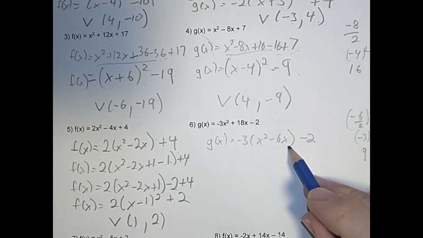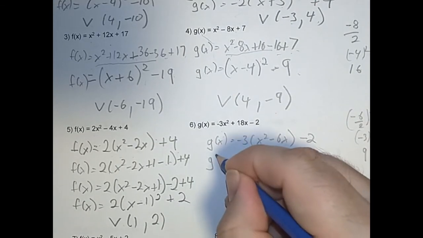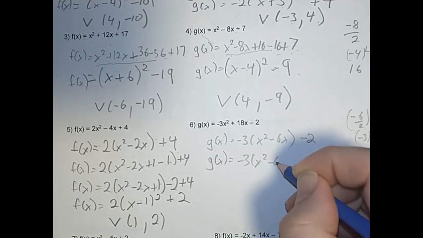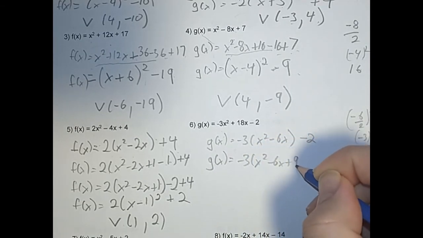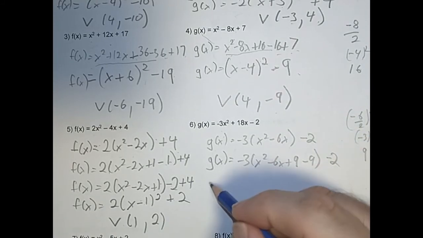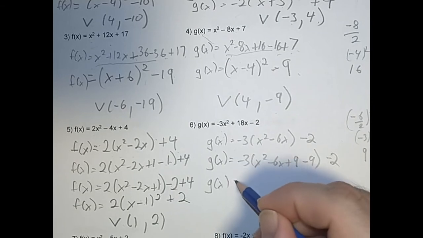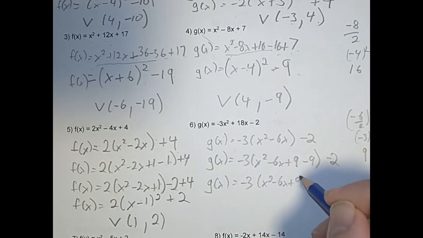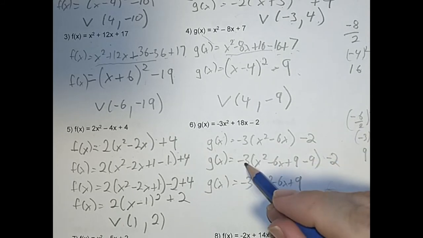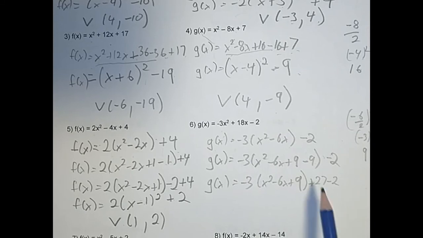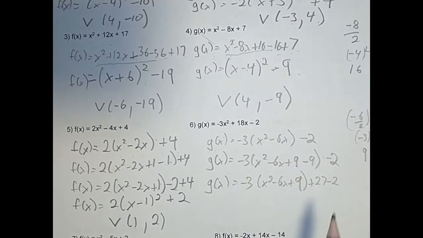So I'm going to add and subtract 9. Plus 9, subtract 9. Then the minus 2. The negative 9 comes out. Always the negative number comes out. So the negative 9 times the negative 3 is plus 27 minus 2.